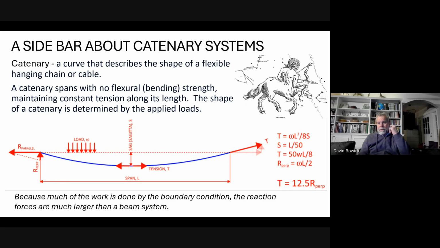So even though it's very rigid, a catenary system cannot withstand load without sag. I said this a minute ago. Even if you start straight, the forces are infinite. Once you start to apply load and it starts to acquire a little bit of sag, now the forces start to drop off. And so the sag will keep increasing until you find a balance where the resistance to load is equal to the force in the catenary.